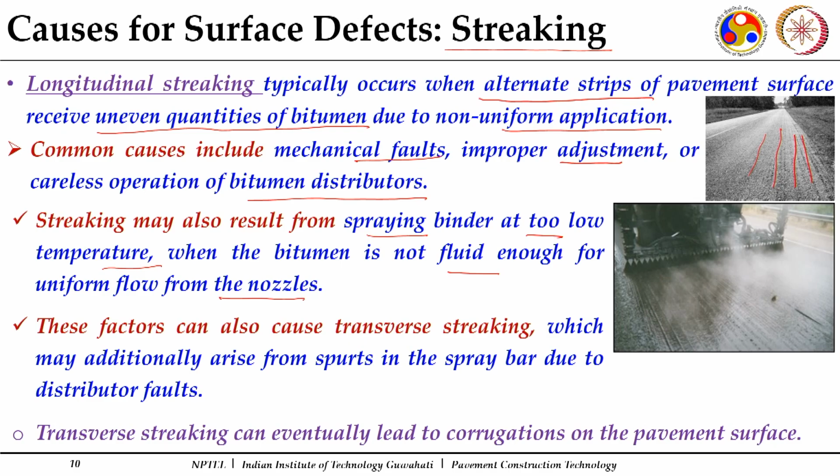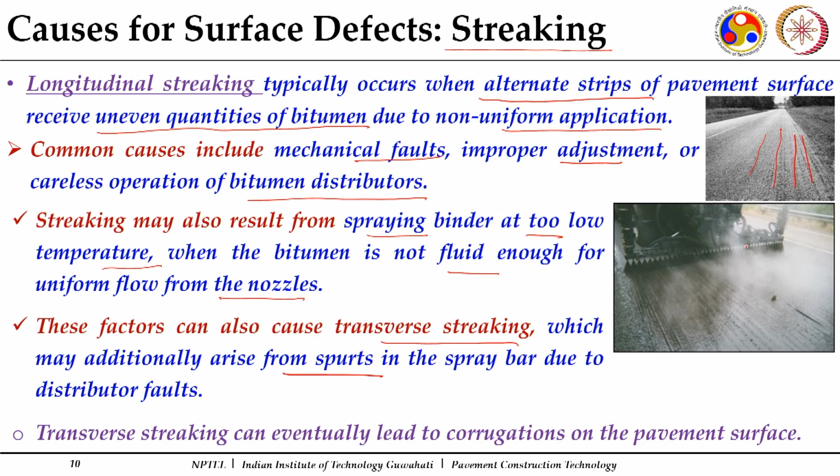From the nozzles it will not come out in uniform form when the viscosity of the binder is high, and there may be chances of transverse streaking also, especially when spurts are coming from certain nozzles of the spray bars.